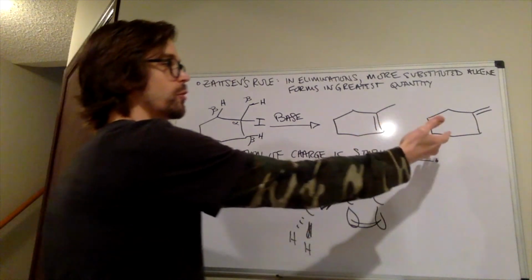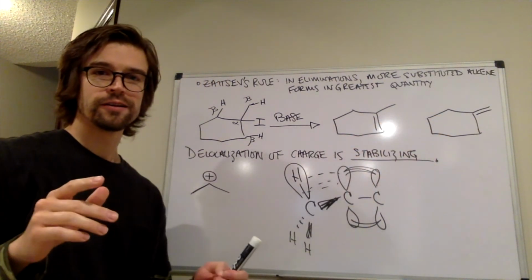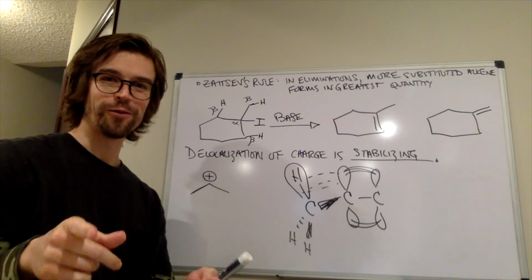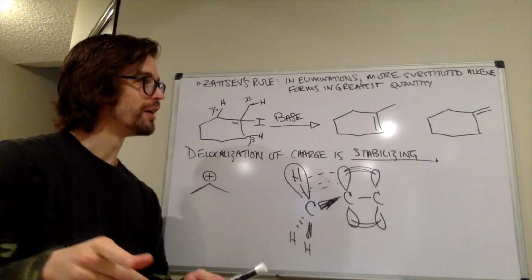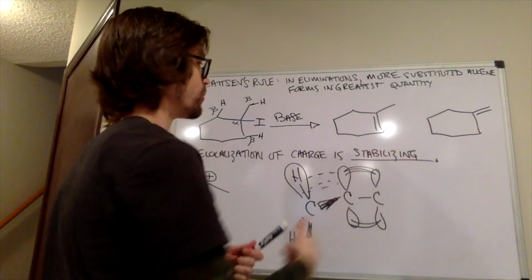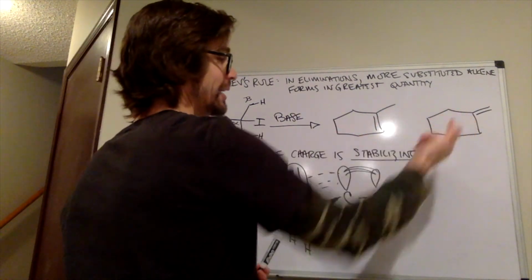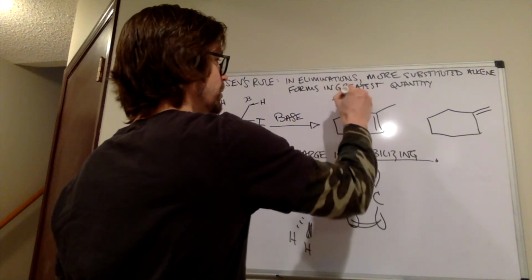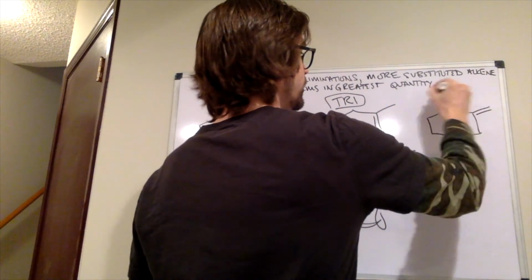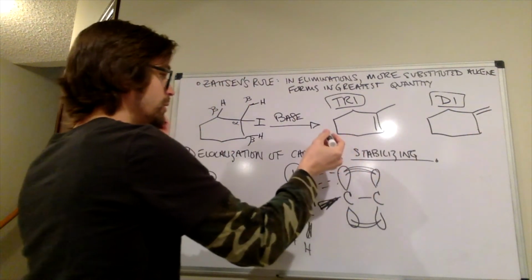Which one of these is the more stable product? Answer that before you move on in this video. Hopefully it's very clear. The more substituted one is. The tri-substituted one is more stable than the di-substituted. This is tri-substituted. This is di-substituted. So this is the more substituted alkene.